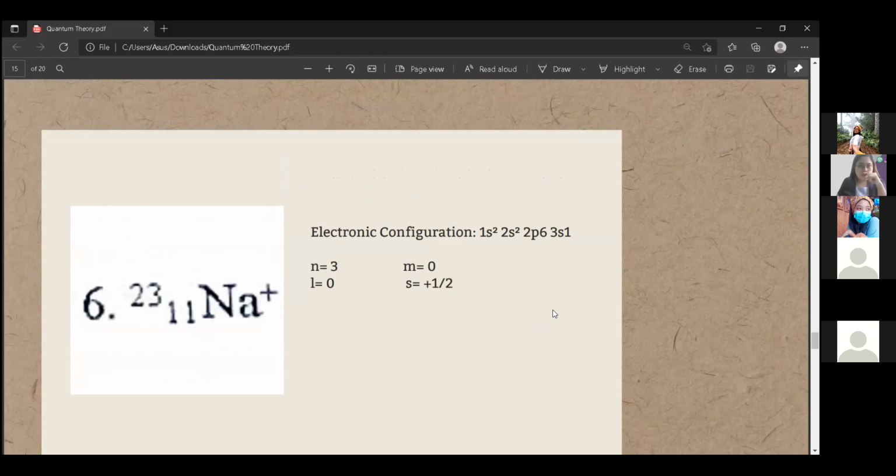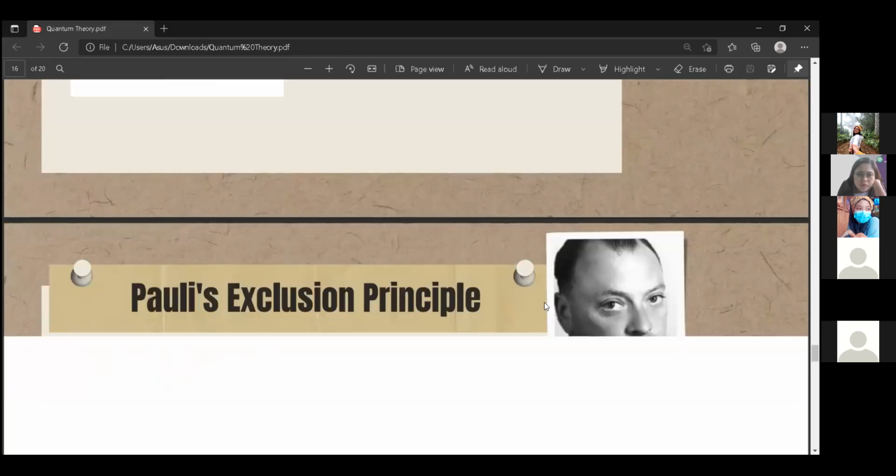Then since it has a charge or it is an ion, first, we solve for the parent electron configuration, then find the highest energy level and subtract until the needed number of electrons is attained. So therefore, the sodium electron configuration will be 1s2, 2s2, 2p6, 3s1. And for the quantum numbers, n is equal to 3, L is 0, m is equal to 0, and s is positive 1/2.